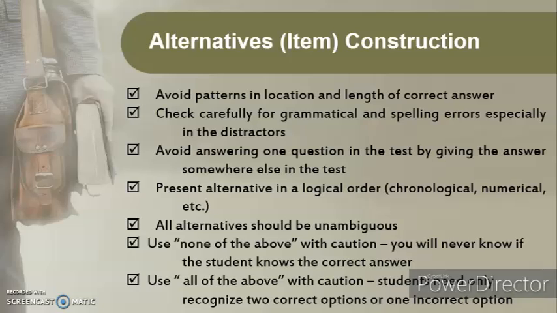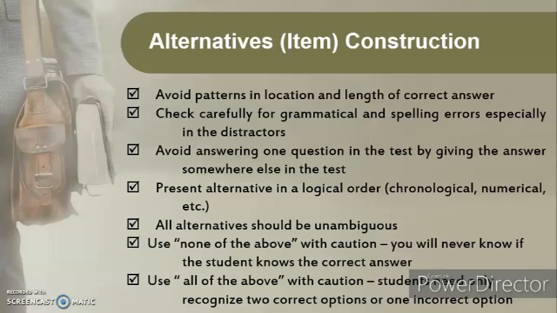And next, present alternatives in logical order, meaning we have to consider chronological and numerical order, etc. And next, all the alternatives should be unambiguous.